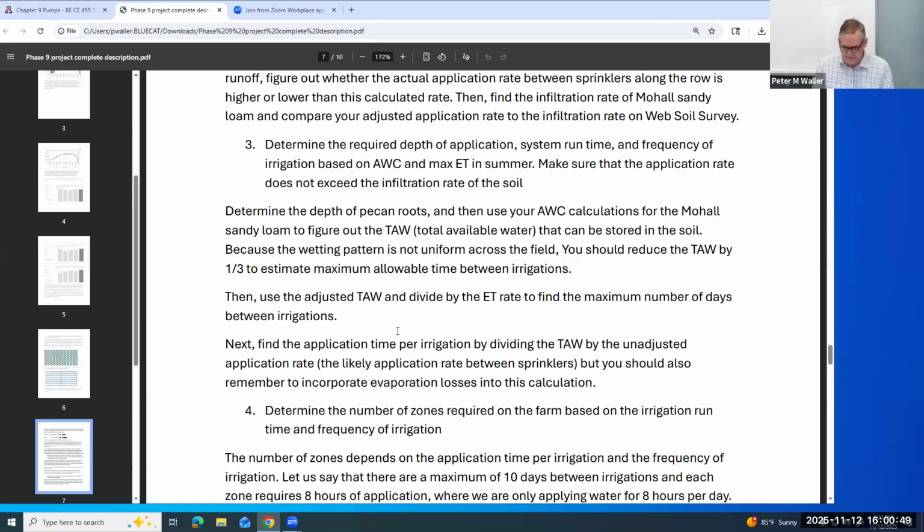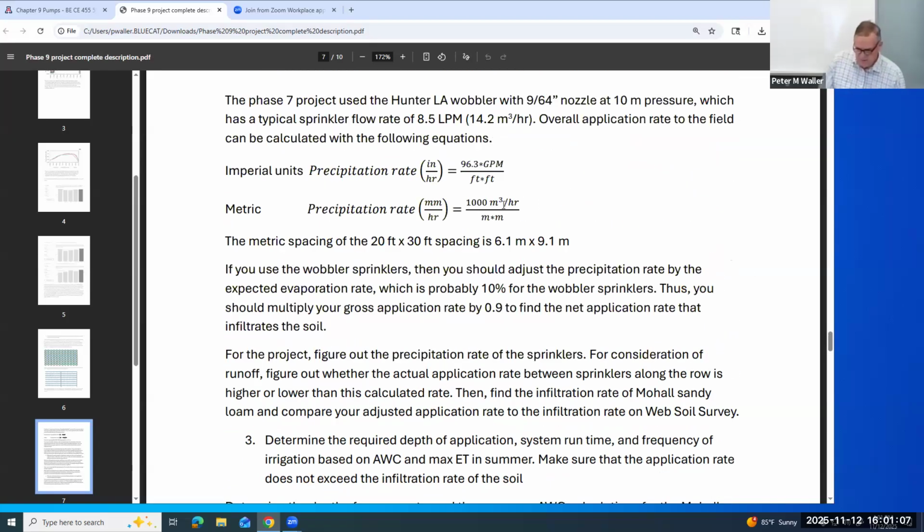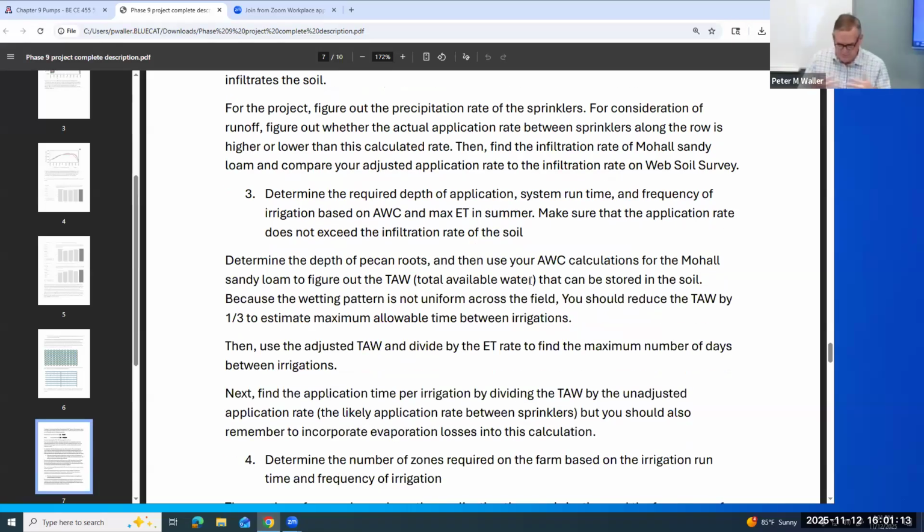Next, you'll find your application time per irrigation by dividing the TAW by the unadjusted application rate. I think the line between sprinklers is going to have about the application rate that you'll calculate with this average equation. It won't be as much in the middle between trees, but right in the line between the sprinklers, it will be as much.